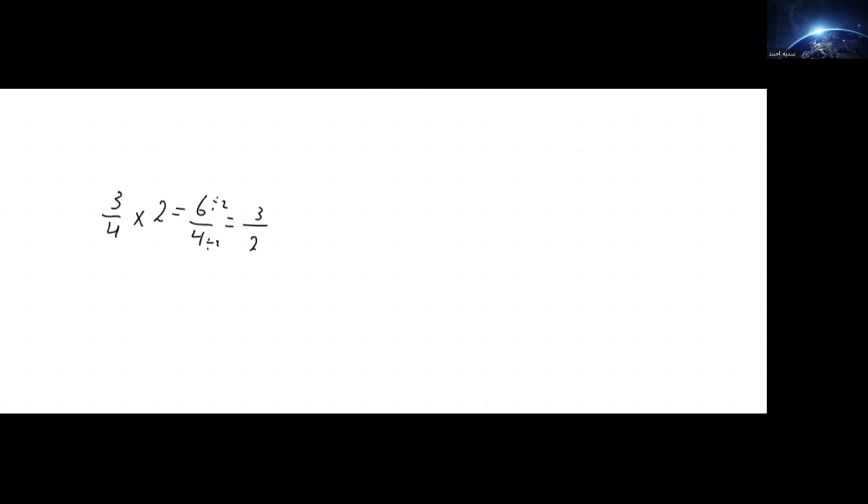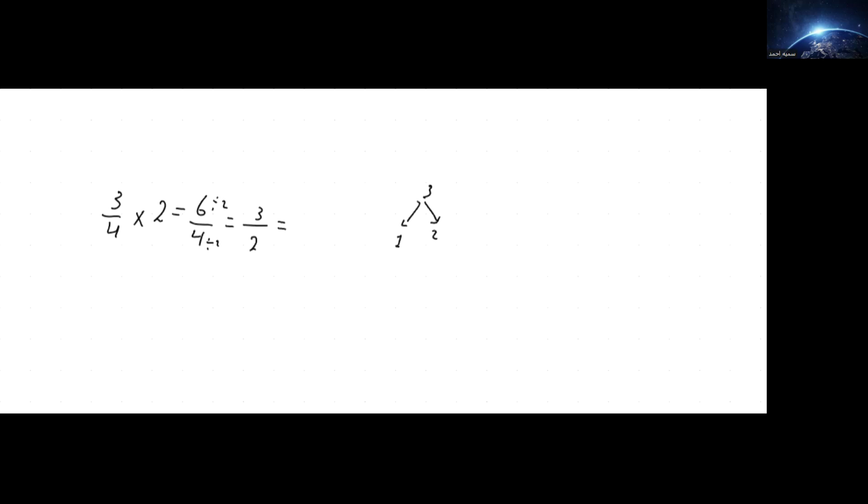Also, this is not in the simplest form because the numerator is more than the denominator. It's an improper fraction. We want to convert it into a mixed number to be in the simplest form. So 3 has only 1 two, and the remainder will be 1.